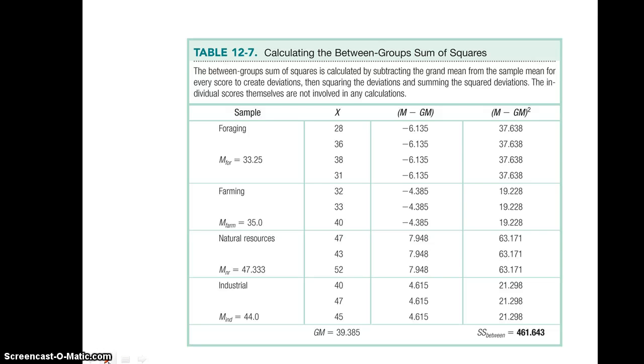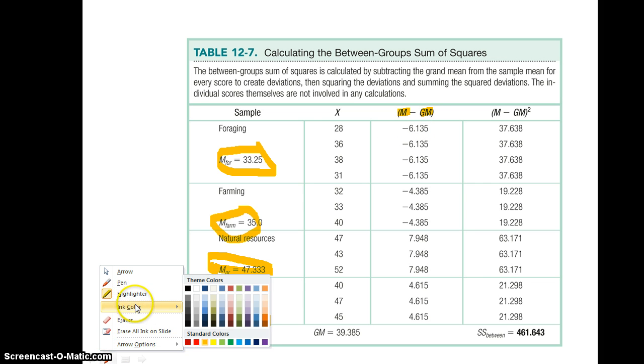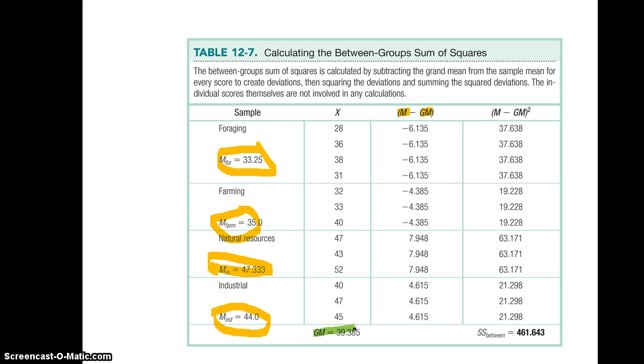You'll notice something interesting here, because now we're taking the mean of each group, and I can circle them here, and then we subtract out the grand mean, which is right down here.